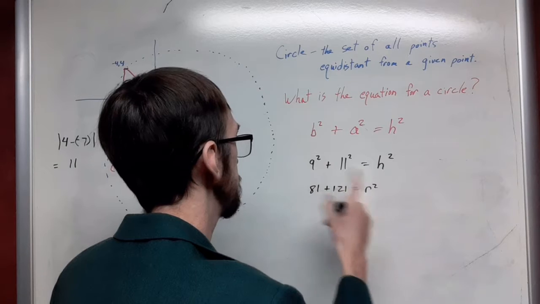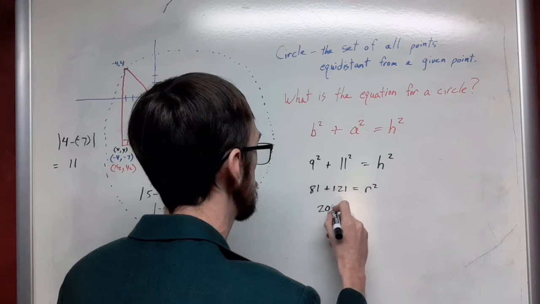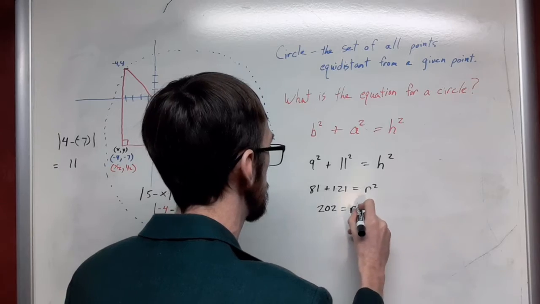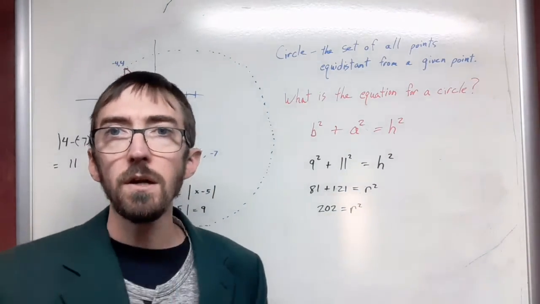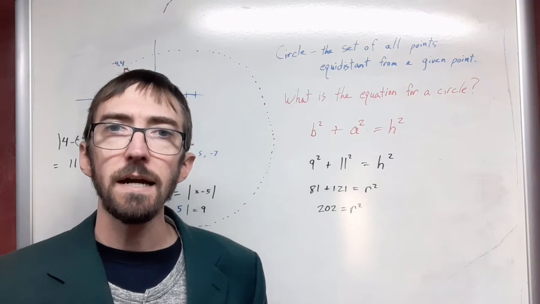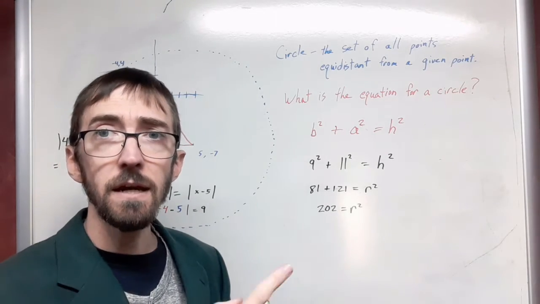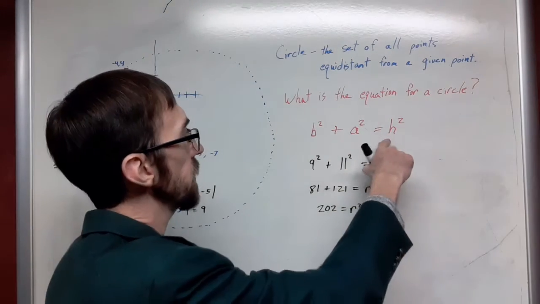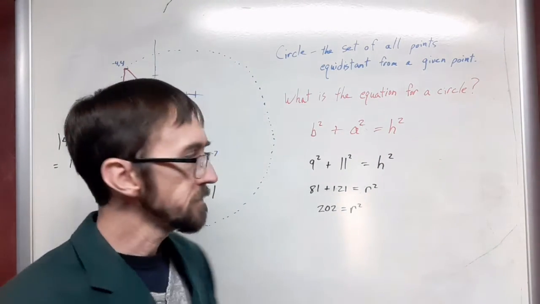And so then we complete this arithmetic. So the radius squared is 202. Now I don't actually have to take the square root of this because when we look at the formula for a circle, it tends to be that it's equal to r squared, because we have h squared here and r squared is replacing h squared.